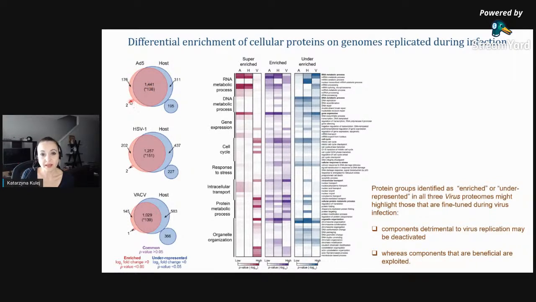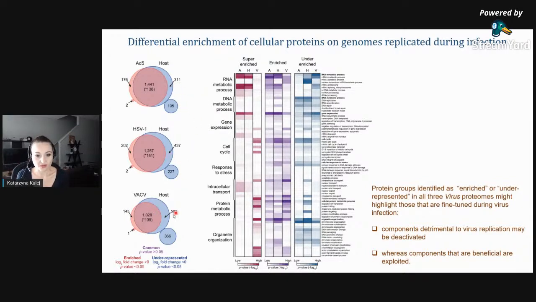On the left, in pink, you can see the number of proteins which were significantly more enriched on the viral chromatin compared to host. These proteins may have proviral functions in infection. On my right side are the proteins which are the most depleted compared to the host, and they may have antiviral properties.